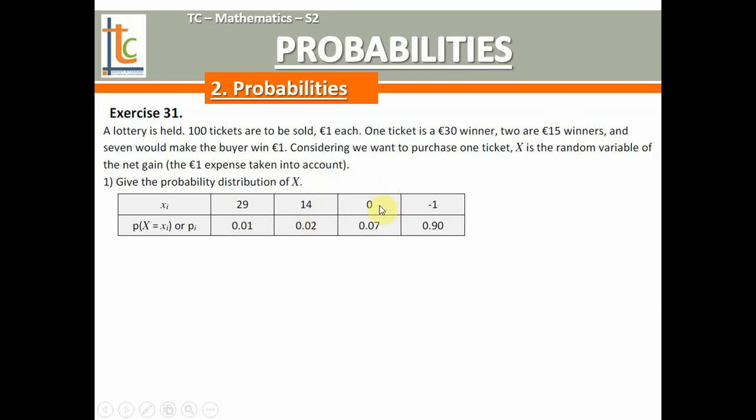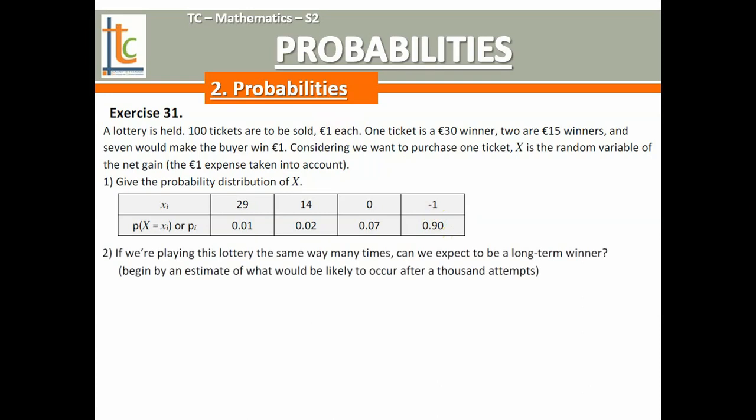You can win nothing, so you will be refunded your euro here, with 7% chance. And all the rest, the loser tickets, are 90. So you've got a 90% chance to lose the euro that you spent. So that is the probability distribution of X. We just answered the question.